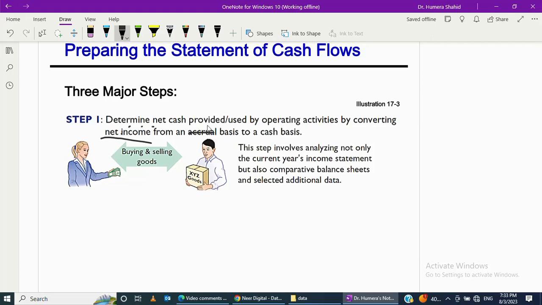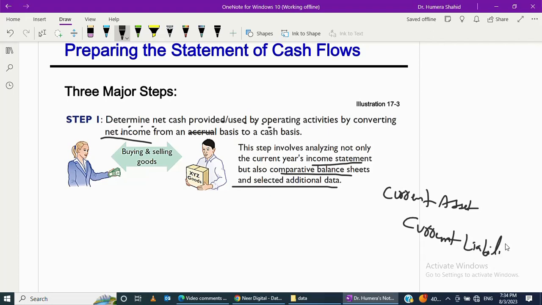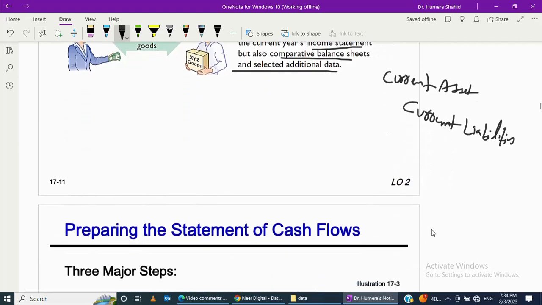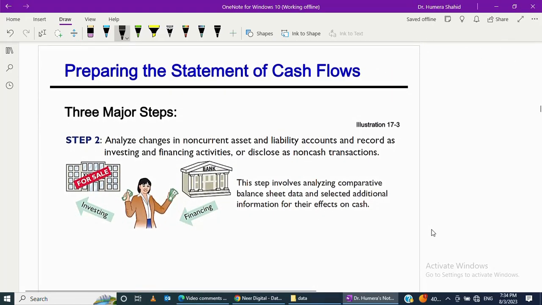So you will convert the net income to cash based net income, with the help of the current year income statement. You also need some data from the balance sheet: for the operating activity section you need current assets and current liabilities. So the income statement, current assets and current liabilities will help you prepare the operating activity section.